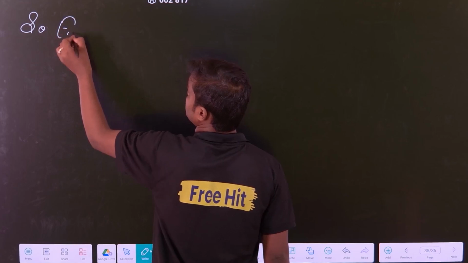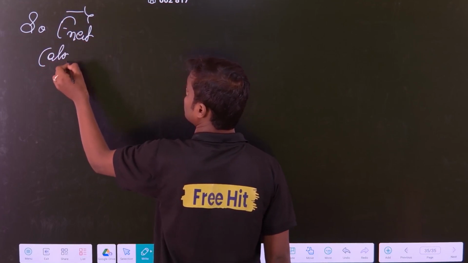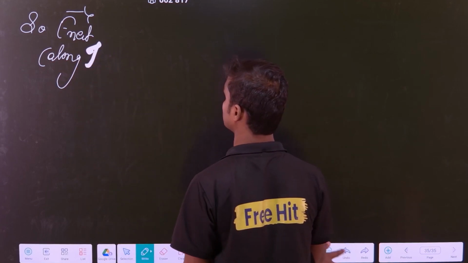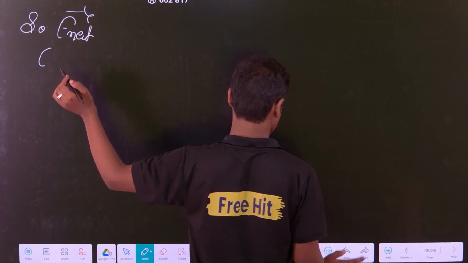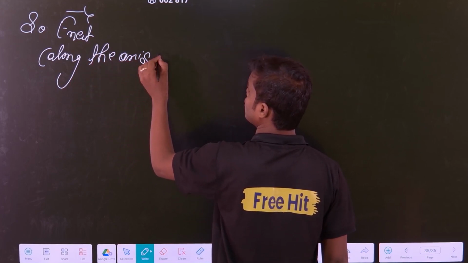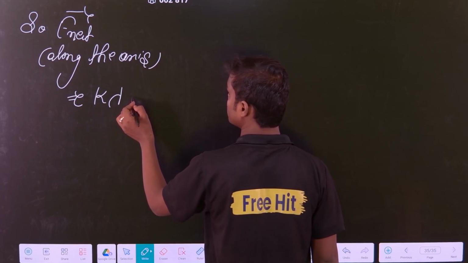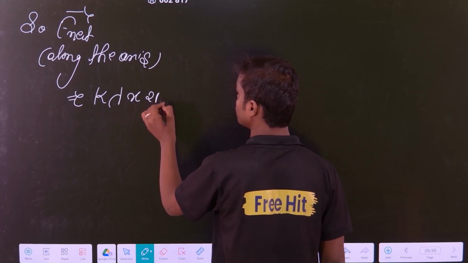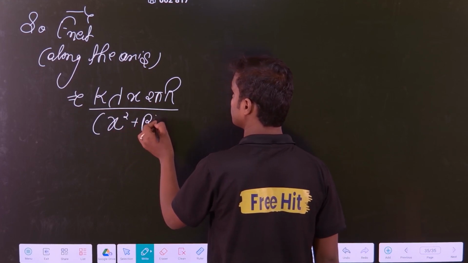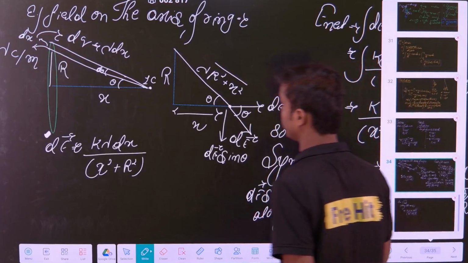So my E net, which is along the axis, is equal to k lambda into x into 2 pi r upon x square plus r square to the power 3 by 2. Let's make it easier, because this formula looks very difficult to remember.